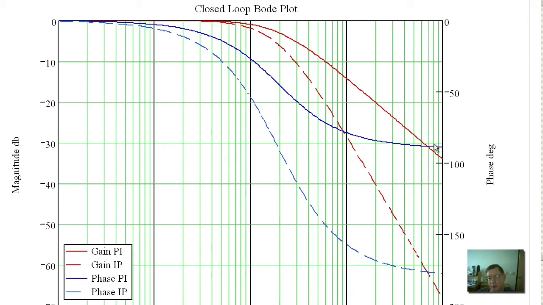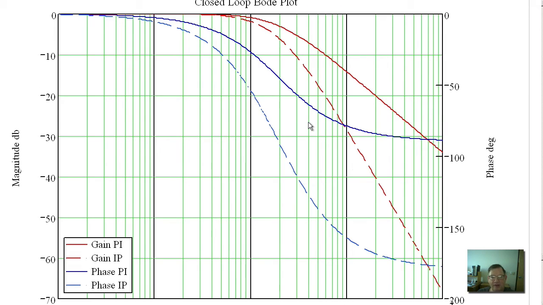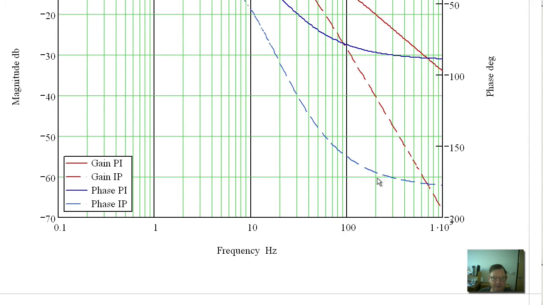So there's only one pole left, and you're left with a phase lag of at most minus 90 degrees. And this will attenuate just like a single pole low-pass filter. The I minus P has two poles, so the phase lag is going to approach minus 180 degrees, and you can see that the attenuation is double the rate of the single pole filter. Now this is 20 dB per decade, this should be 40 dB per decade.